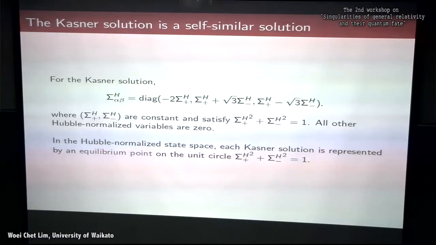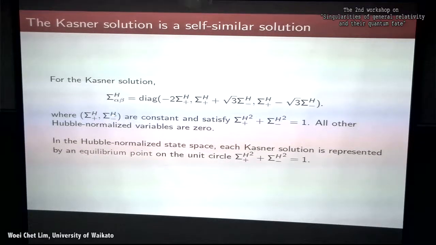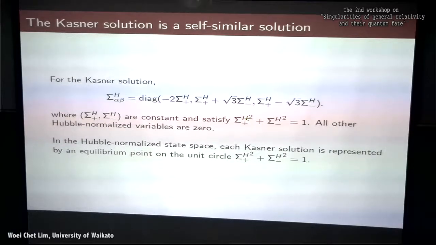The Kasner solution represented in these Hubble-normalised variables is simply described by a circle of fixed points. The two variables involved here are sigma plus and sigma minus. So, the sum of squares is equal to 1.